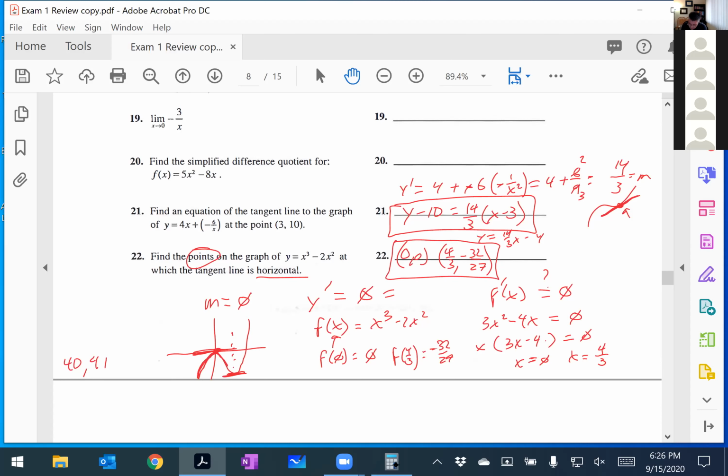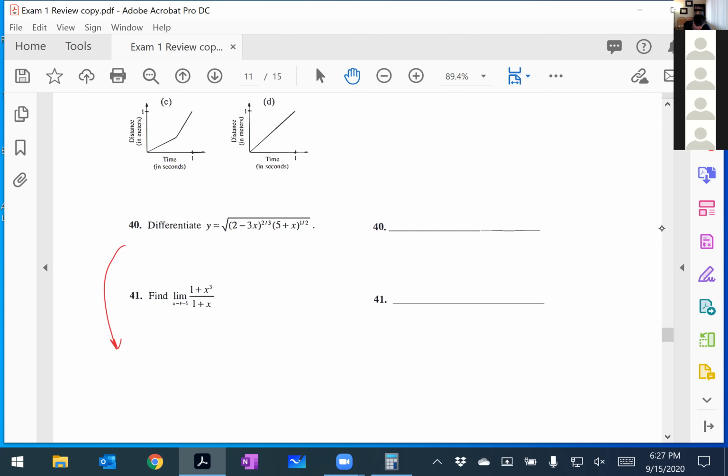So I'll do 40 down here. Actually, let's do 41 first. Let's get 41 out of the way. It's a little bit easier.